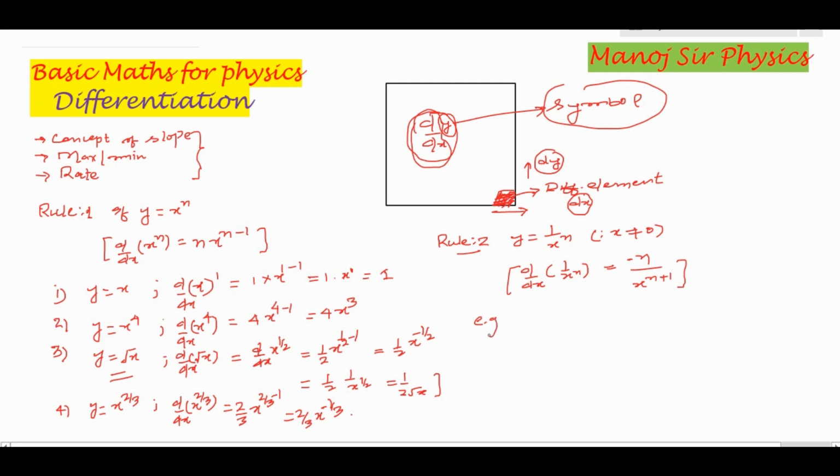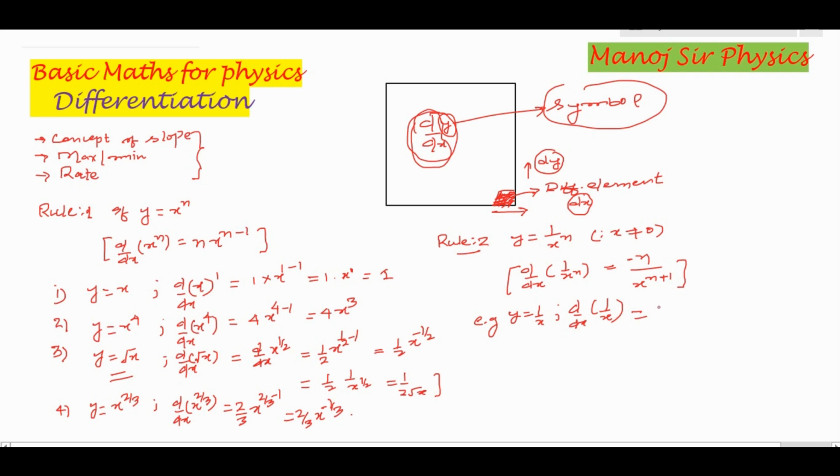For example, let me discuss one example. Suppose that you have y is equal to 1 upon x. How do you differentiate it? d by dx of 1 upon x. You can take it in the numerator, get the power, and apply the first rule also. But this is the shortcut. You directly apply the rule and get the result. What is n here? n is simply 1, the power of x.